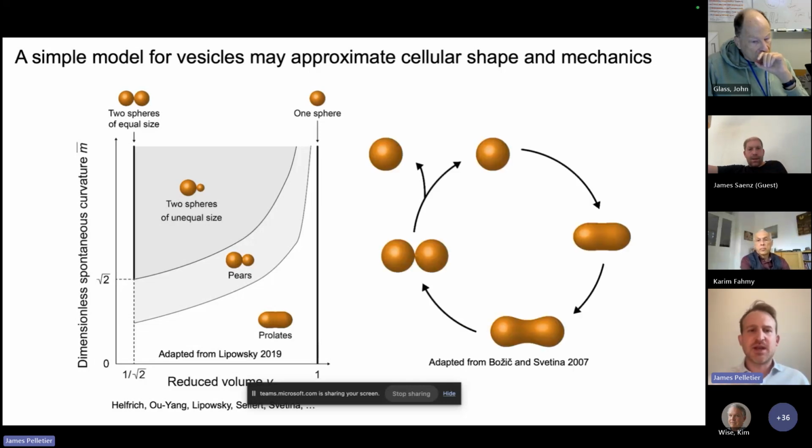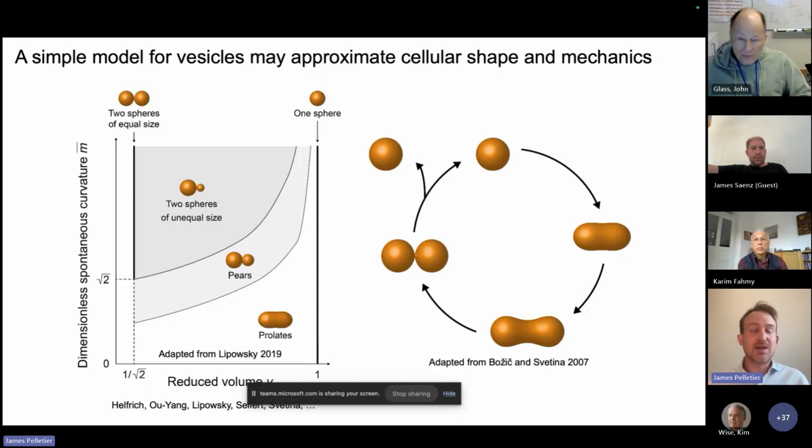And Sasa Svetina has described shape trajectories in this phase diagram that look like cell division cycles. So we don't wish to claim that this simplified model is the model that describes the process of cell division in these bacteria. However, we think it definitely provides a biophysical context in which dedicated specific protein and lipid-protein interactions could modulate cell division.